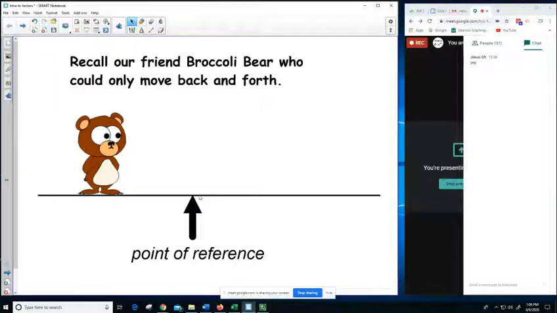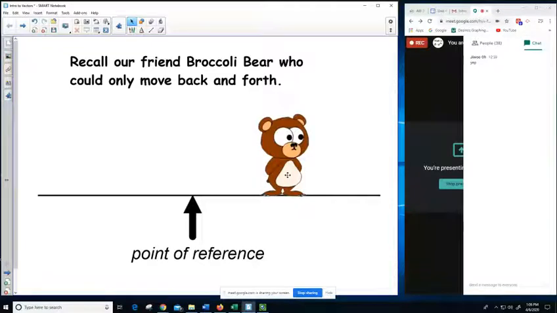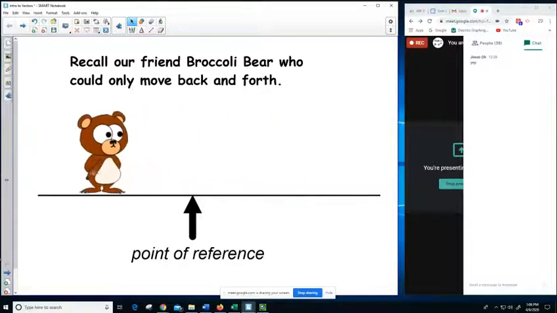But then if we wanted more information, not just how far he is from the reference point, but on which side of the reference point, we have this idea of position. So this position is not the same as that position, despite the fact that the distance is the same.